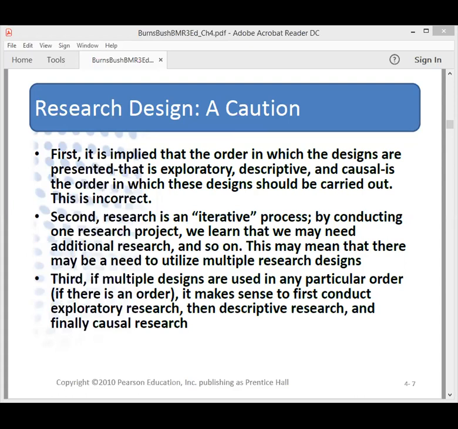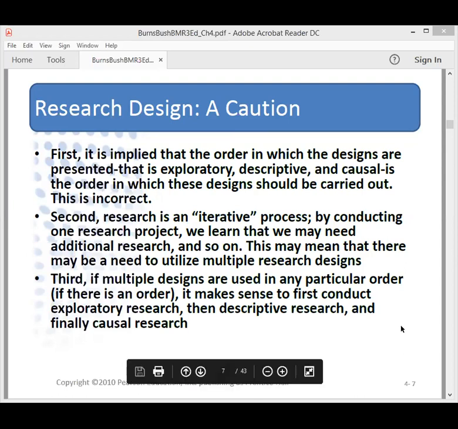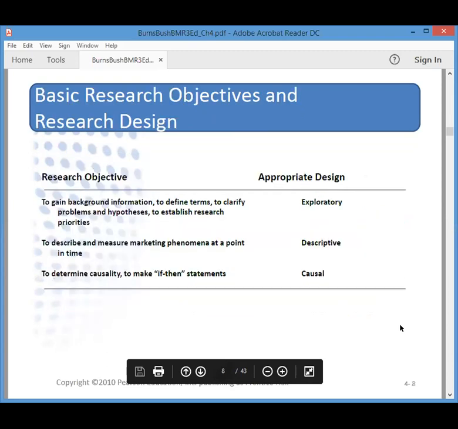And third, it makes sense to first conduct exploratory research, then descriptive, and finally causative, although it's not mandatory they be done in exactly that order. It usually is a good idea to consider it. So here's some of the objectives.